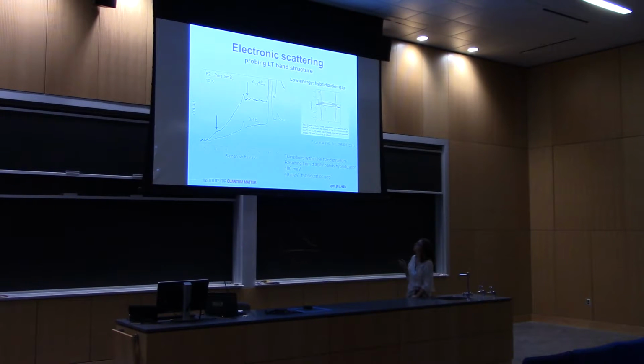And even the energies which are predicted are in reasonable agreement with what we see. So basically, the hybridization gap, which everybody is talking about, lies below this transition, and I think there is some ambiguity on how people are defining the gap, right?